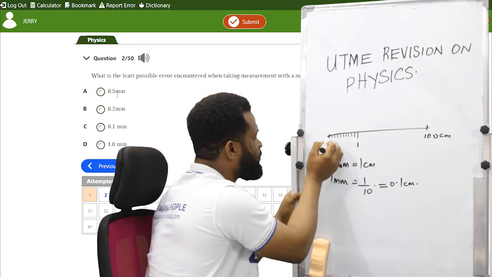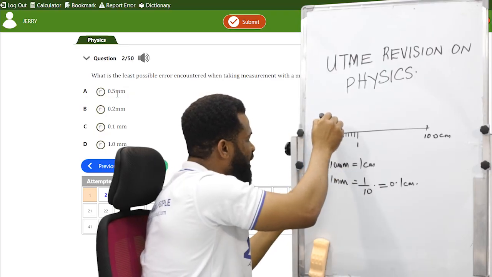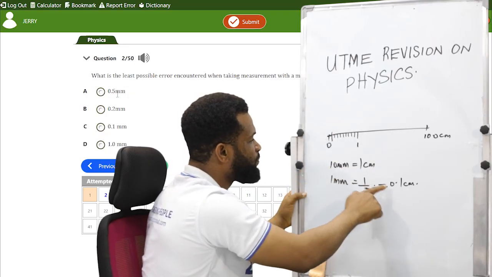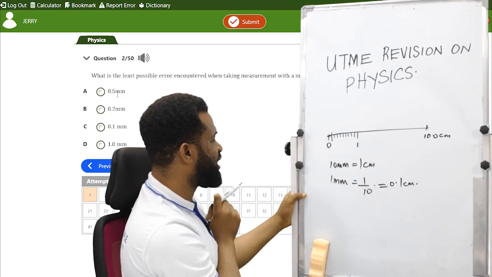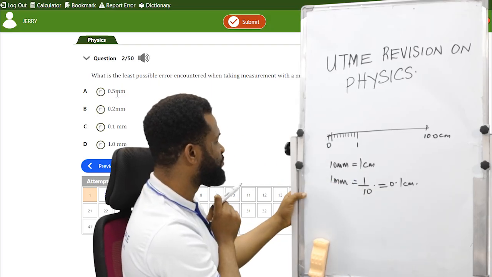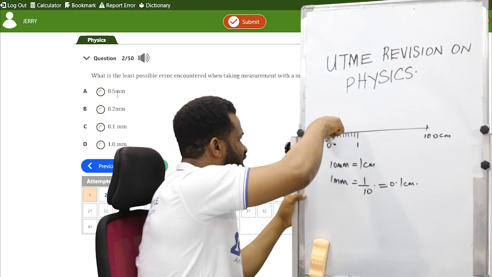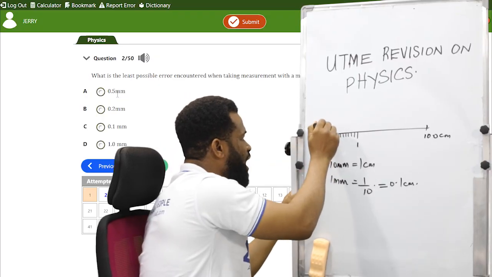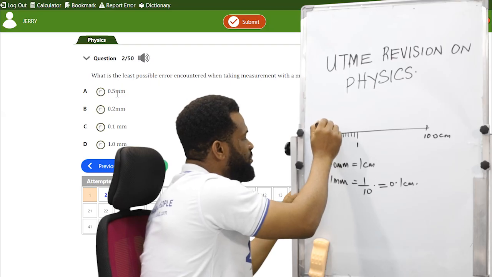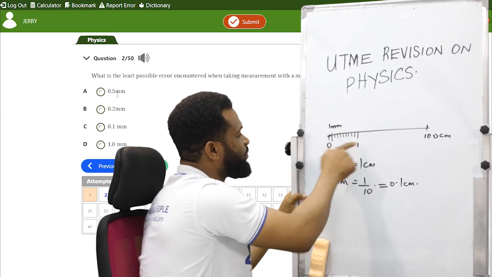So from this 0 mark to the first division, you have 1 millimeter, because 10 of them will give you 1 centimeter.